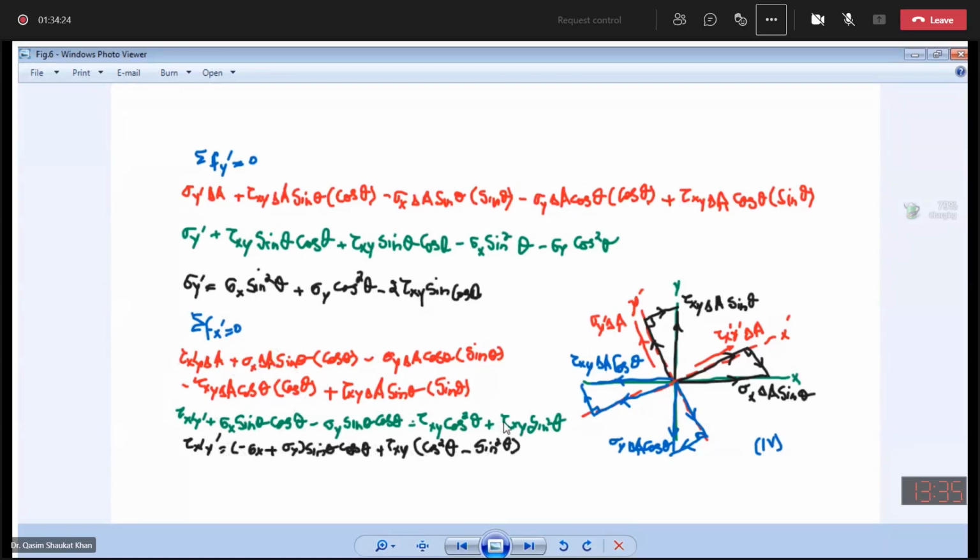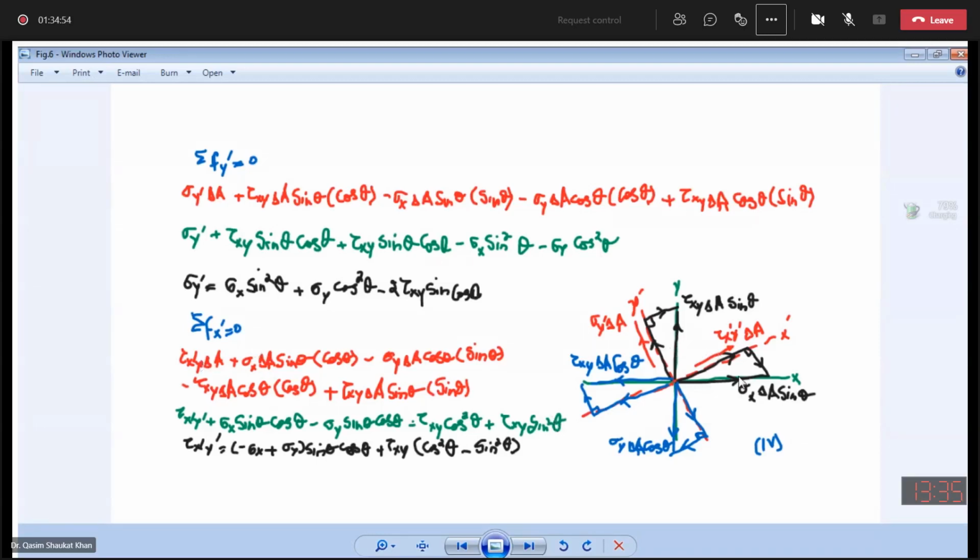You can also get the expression for tau x dash y dash from this figure by cutting this section along the x dash axis as well. So taking summation of forces about the x dash axis equal to 0, we have tau x dash y dash delta A, pointing towards the positive x dash axis, which is positive.